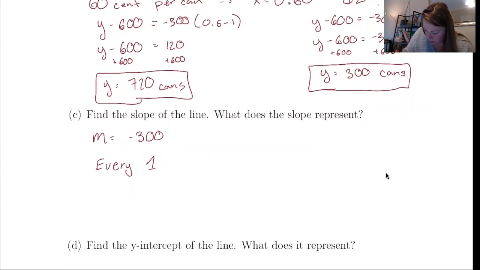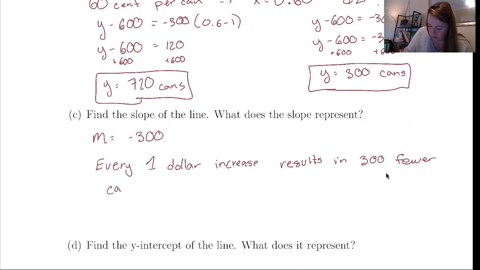So every $1 increase results in 300 fewer cans being sold. Or we can say just for every dollar increase, if I increase the price $1, cans will decrease 300. All right.